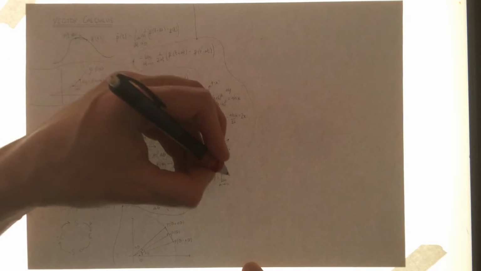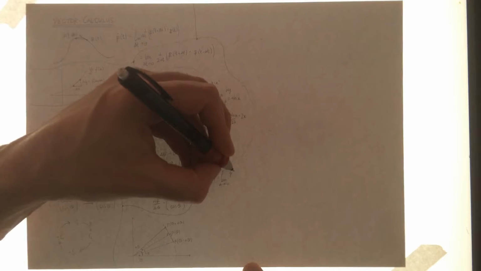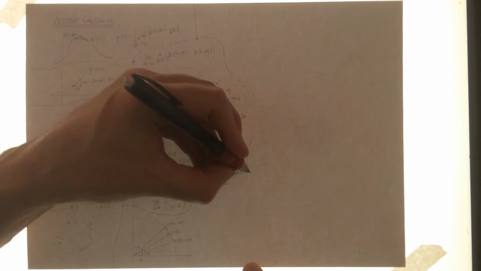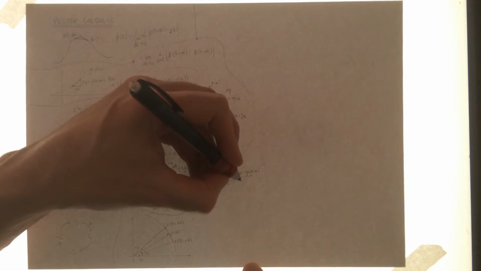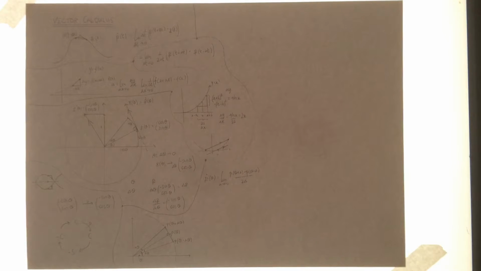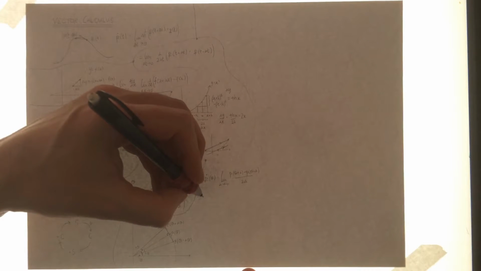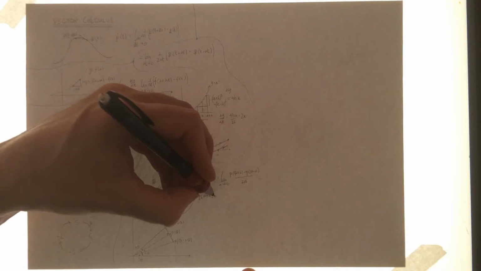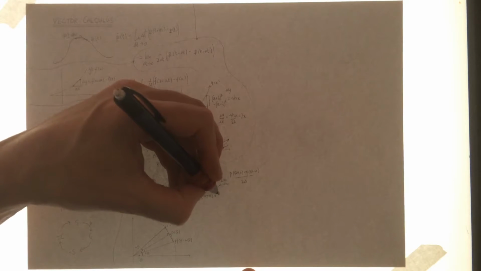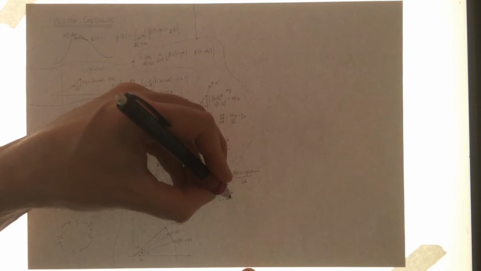I'm just going to write delta, but I mean delta theta, of P theta plus delta minus P theta minus delta over 2 delta. And what is P of theta plus delta? That's just cos of theta plus delta, sine theta plus delta.